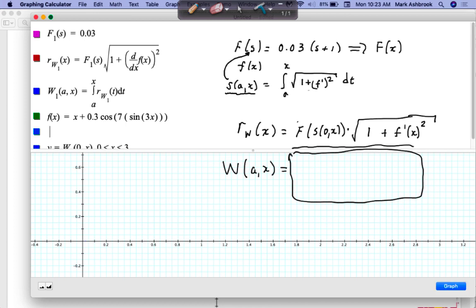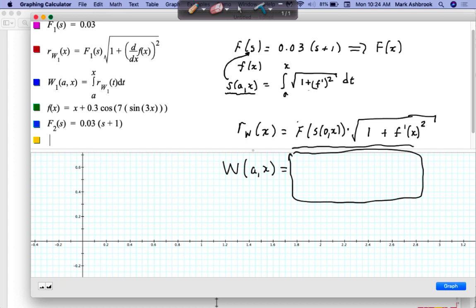So we're going to start with the capital F. Capital F sub 2 of s is what? What's the force function now? 0.03 times s plus 1. And then we need to define what our arc length function is now.